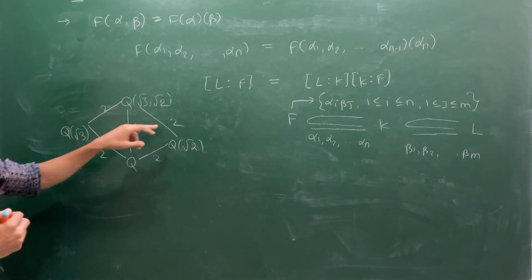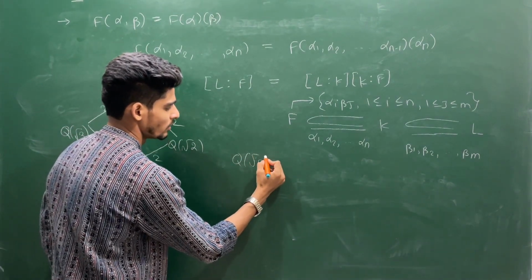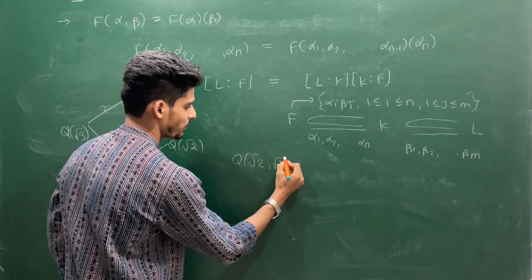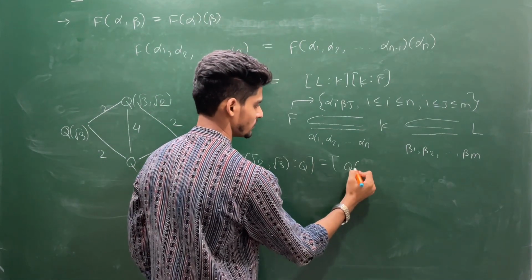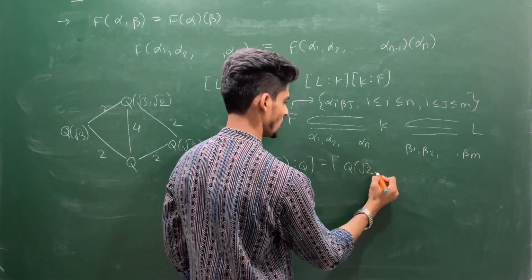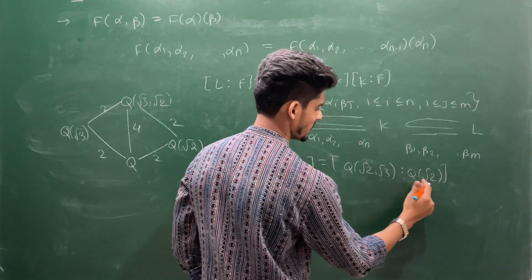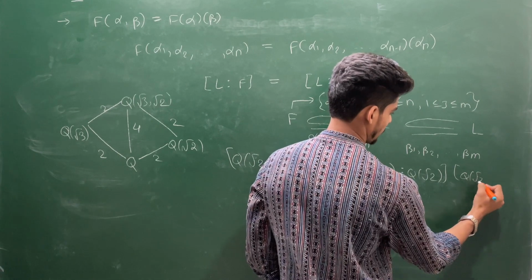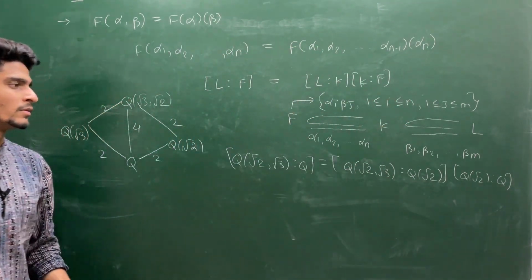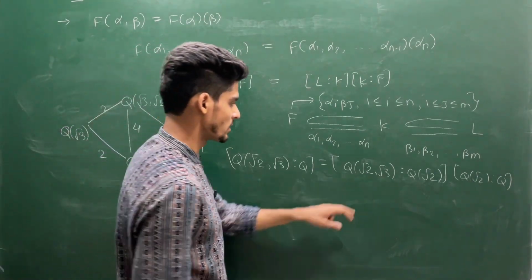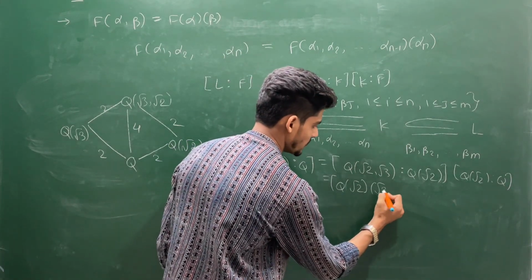Because how can I choose this? I know this Q(square root of 2, square root of 3) over Q. I can write it in this manner: Q(square root of 2)(square root of 3). First I take the extension over this, then I take the next, so this has degree 2, because I can also write it in this format: Q(square root of 3)(square root of 2).